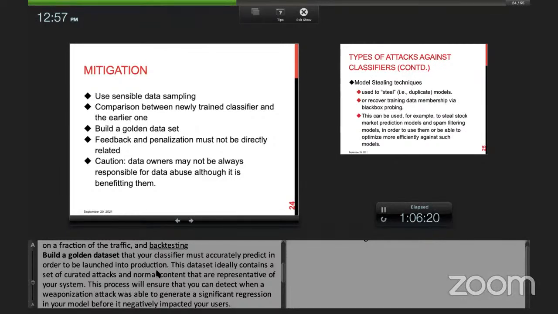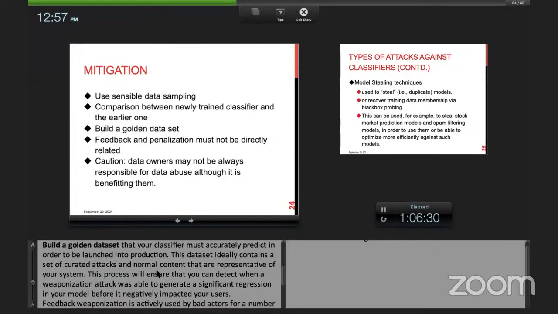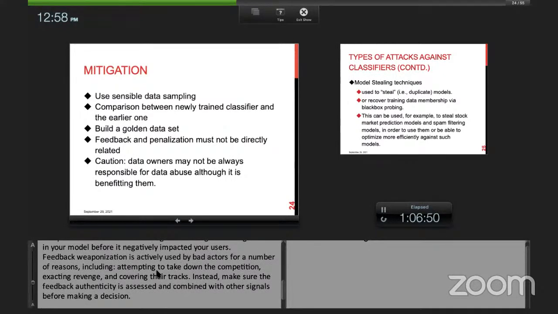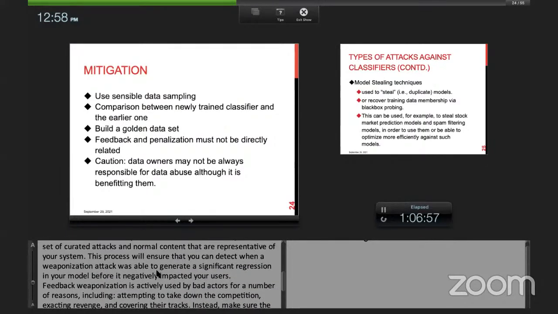So you have a very nice data set which has both of them in as perfect a combination as possible. This process will ensure that you can detect a weaponization attack, because weaponization means it is on your feedback, actively used by bad actors. If the data set includes everything, then you may be able to understand whether your model can be negatively impacted by malicious users.